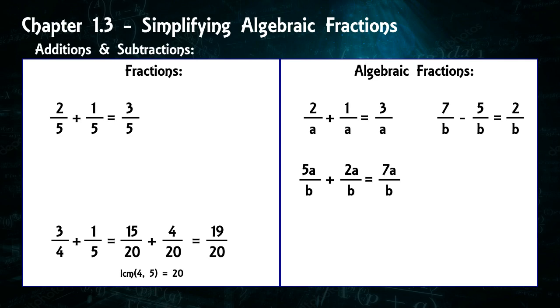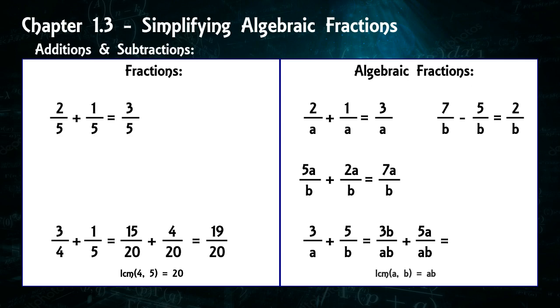With the introduction of letters, this rule doesn't change. The fractions 3 over a and 5 over b cannot be added. Yet, to make them equal, multiply the left fraction with b's and the right fraction with a's. This gives me the line 3b over ab plus 5a over ab.